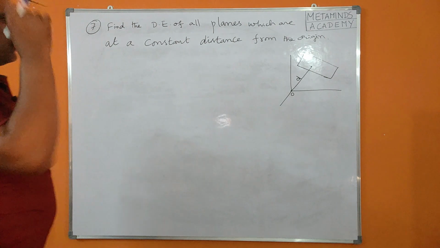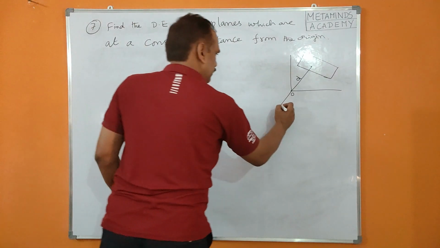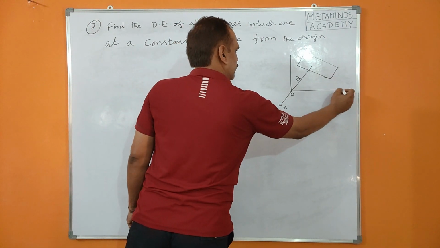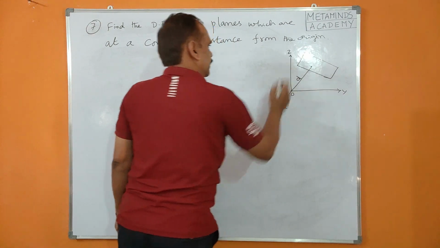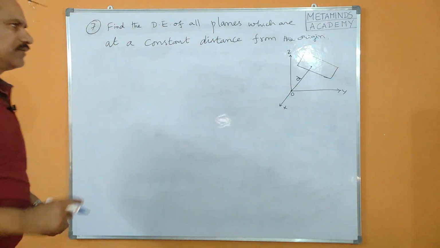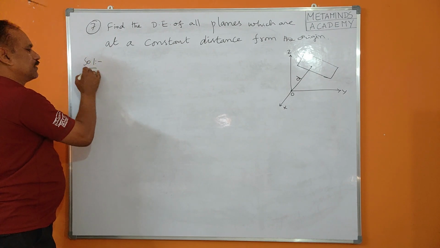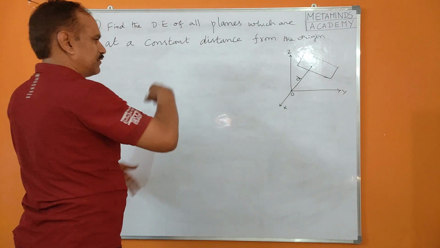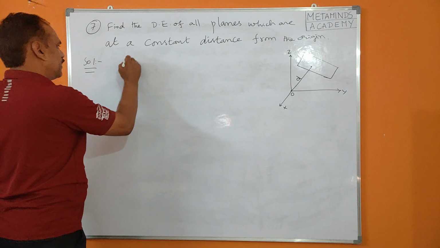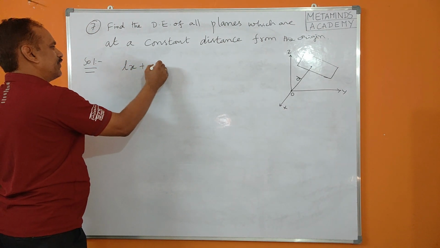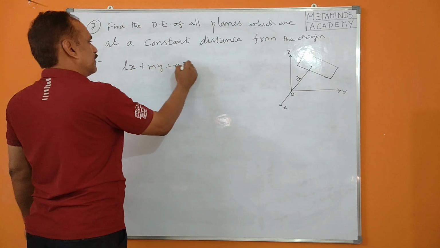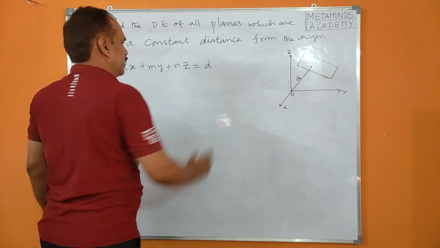So the equation of the plane, all such planes' equations, are given by Lx plus My plus Nz equal to D.